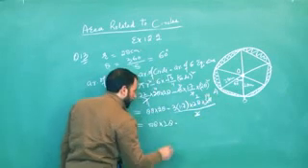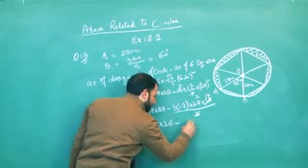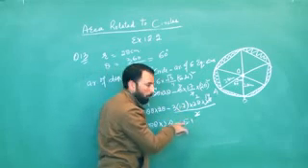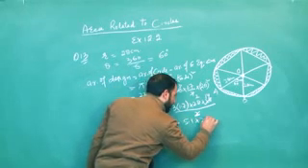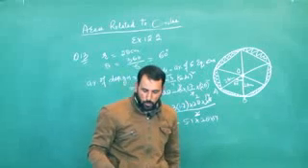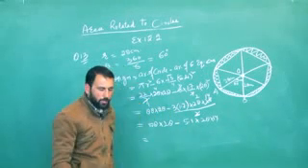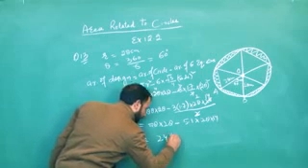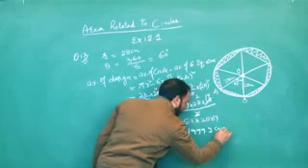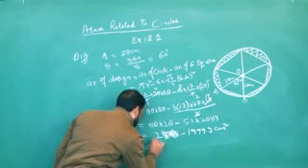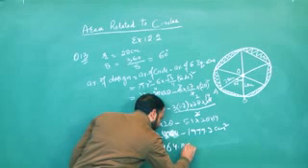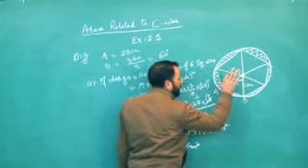So it becomes 3 into 1.7 into 28 into 14. After calculating the values, 88 into 28 gives 2464, minus 1999.2 square centimeter. When you subtract the two, you get 464.8 square centimeter is the area of a design.